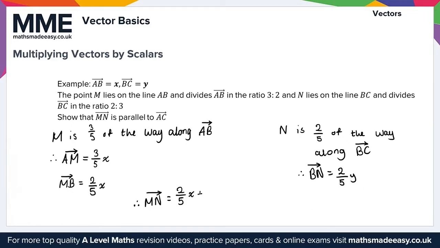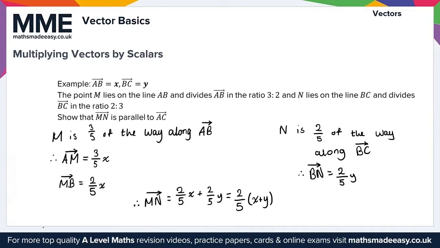Okay, and here we could factor out this 2/5, to give us 2/5 (x plus y) there. Okay, now what we want to show here is this is parallel to the vector AC. So in that case, taking a look now at the vector AC here, well, in that case, we know the vector AC here is simply equal to x plus y.